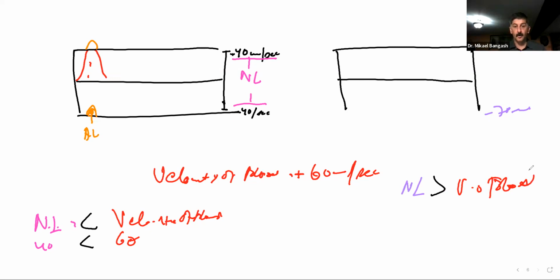When we record that 60 centimeters, it fits within the limit, so there is no aliasing. Mainly because our limit was 70 centimeters per second, where the velocity of blood was only 60.